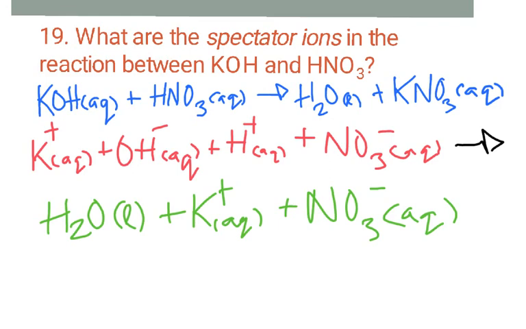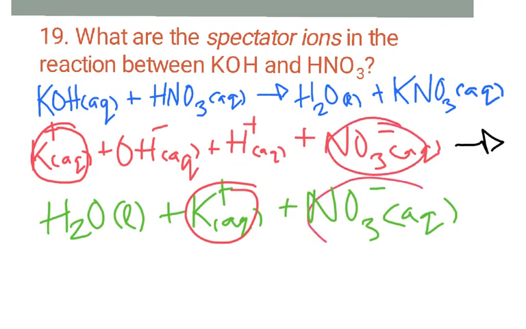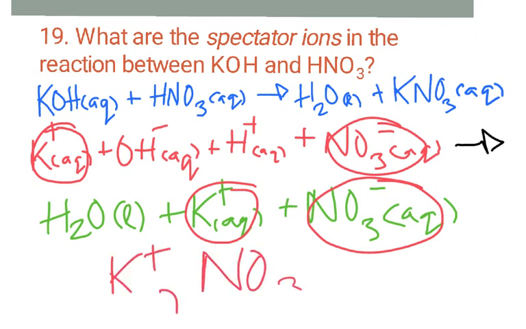Okay, so potassium on each side doesn't do anything. Nitrate, right, also doesn't do anything. So potassium and nitrate are the spectator ions in this particular reaction.